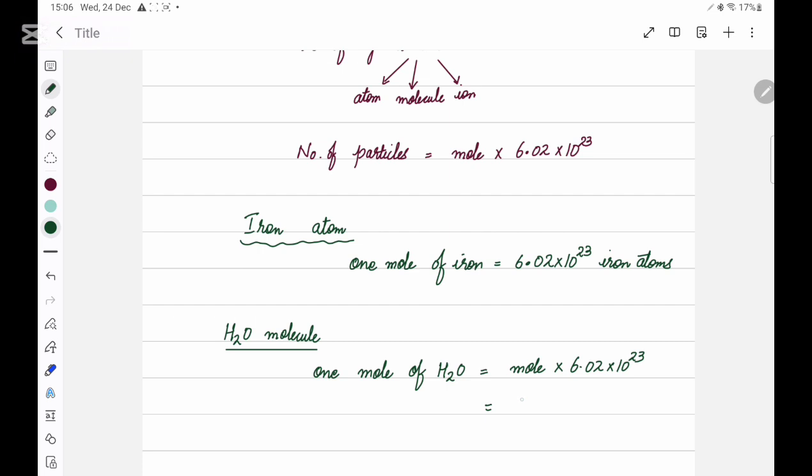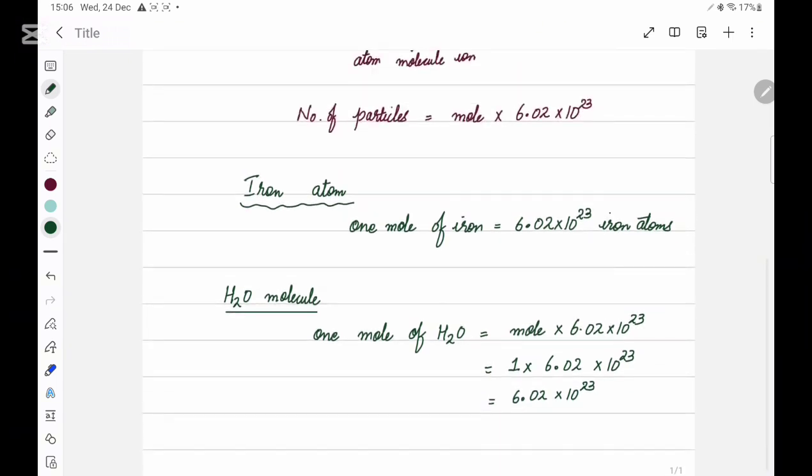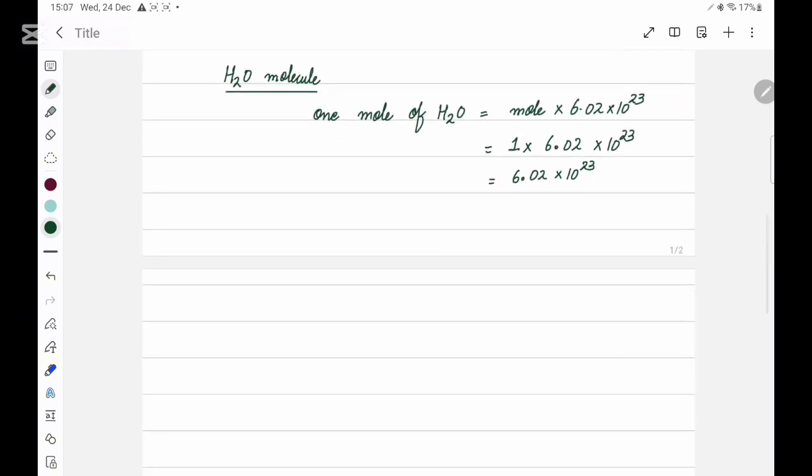So if there is 1 mole of water, I put 1 here times 6.02 times 10 raised to power 23, and that becomes 6.02 times 10 raised to power 23 molecules of water.